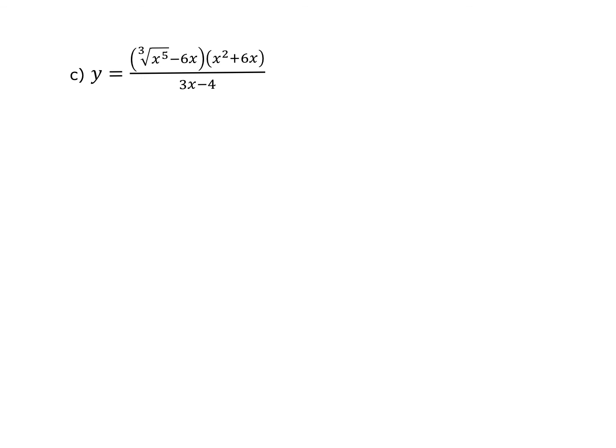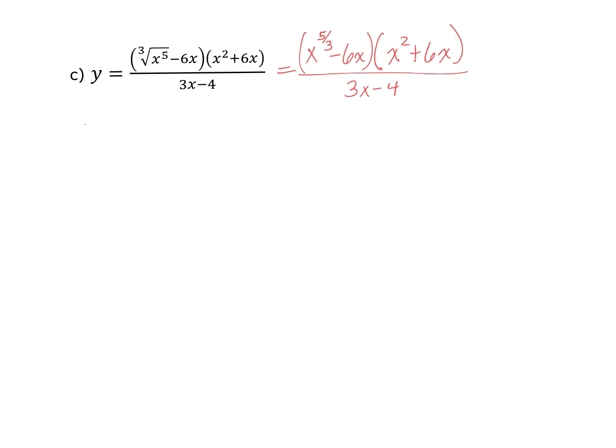On this last example, I'd like to just set it up rather than simplifying it completely. But you'll notice that if I multiply out this in the numerator, x to the 5/3 minus 6x times x squared plus 6x, I'll just get another algebraic expression with just x's in it.